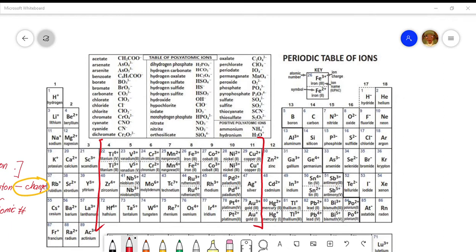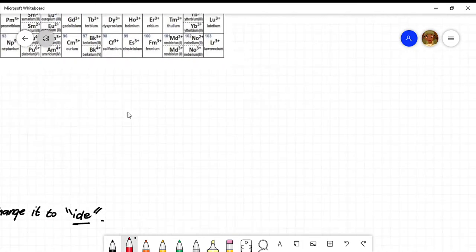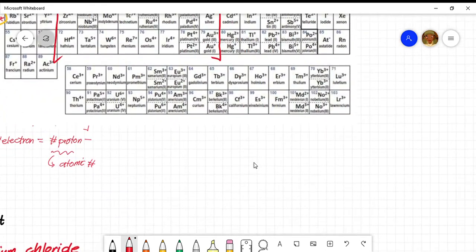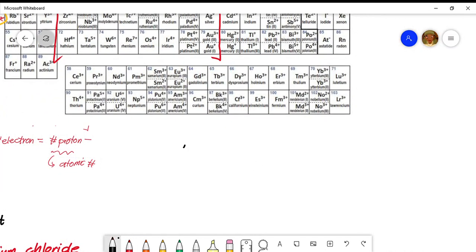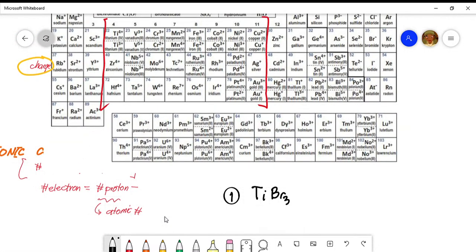So what if we have TiBr3? Ti, or titanium, is a transition metal. We have titanium here. The titanium can actually have four positive or three positive.